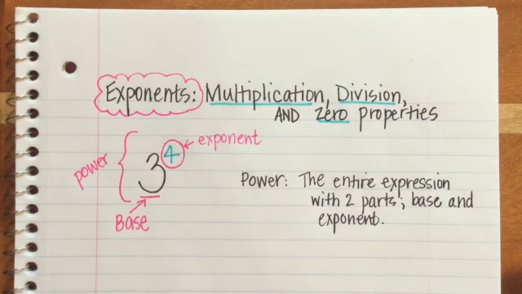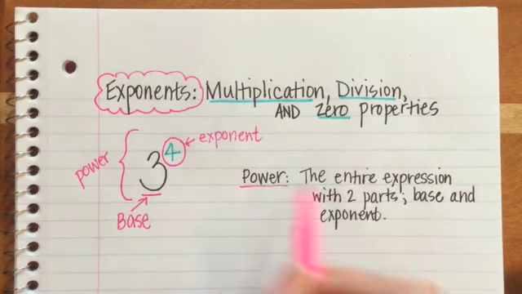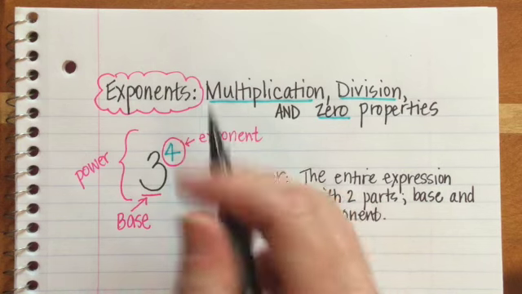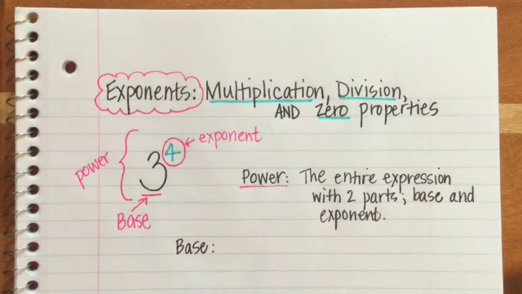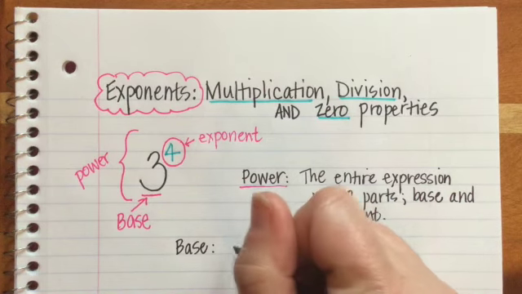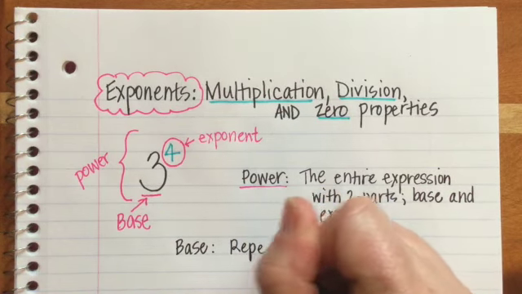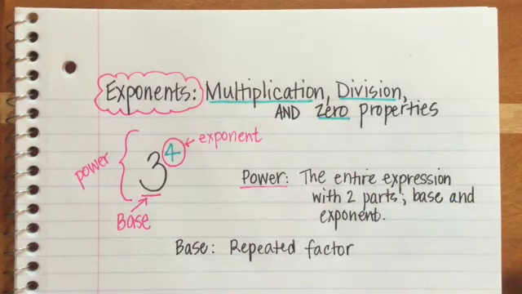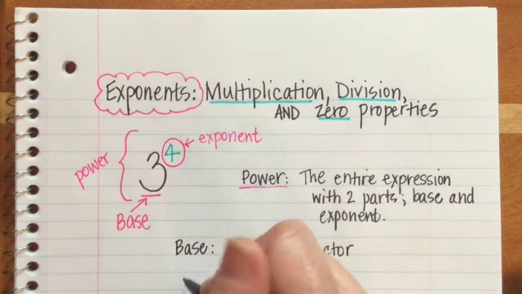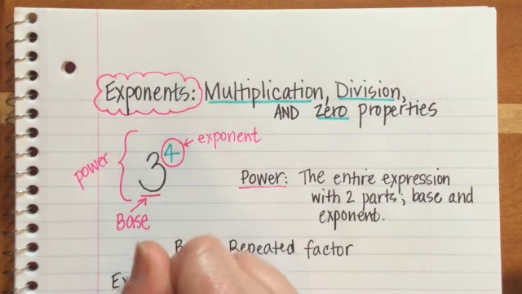The base itself, so of course I gotta underline that. The base itself is the repeated factor. That's fancy math language for saying the number that I'm going to keep repeatedly multiplying, right? And then the last word that we're using here is exponent.